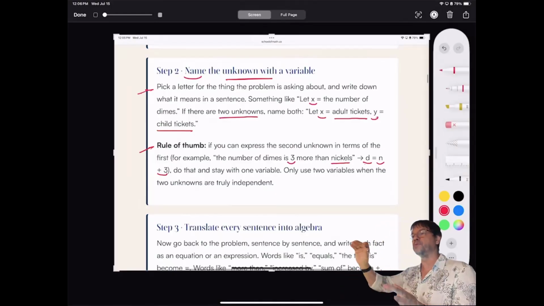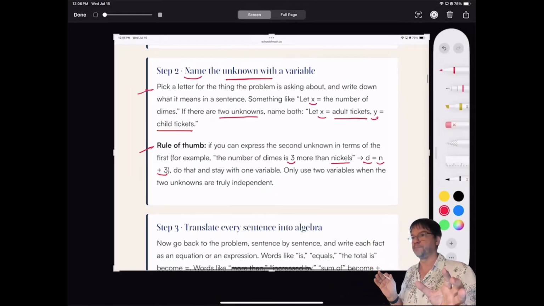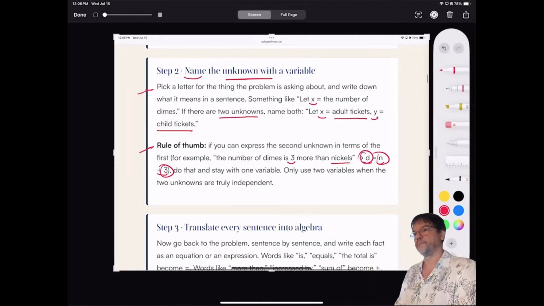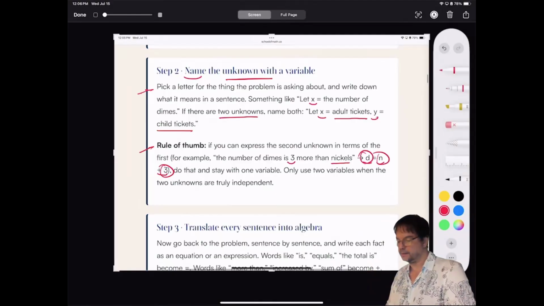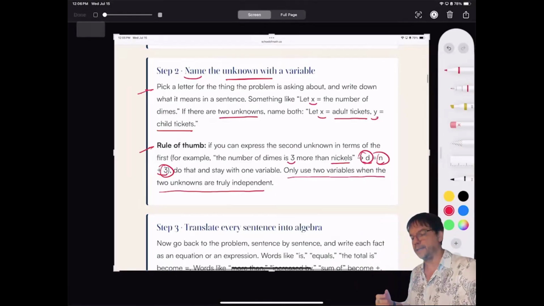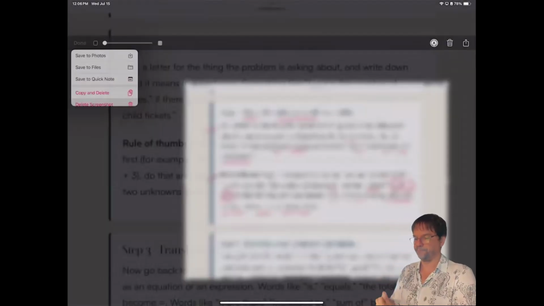So sometimes we put one of them in terms of another, like here, the dimes in terms of the nickels. Only use two variables when the two unknowns are truly independent. If you can relate them, always try to relate them.